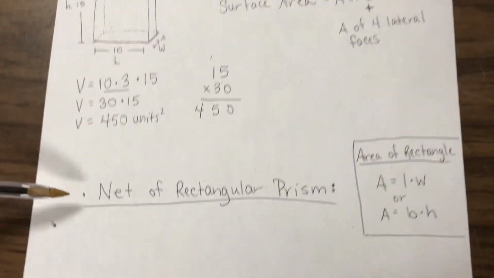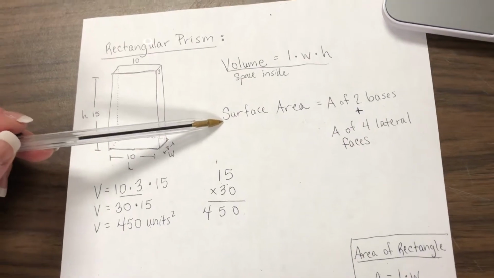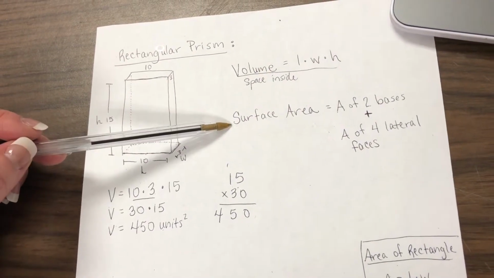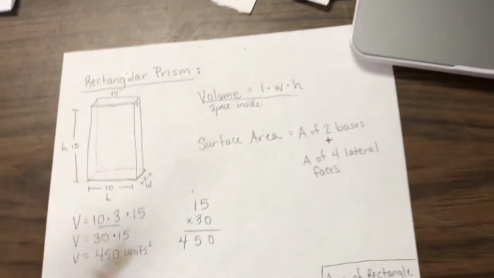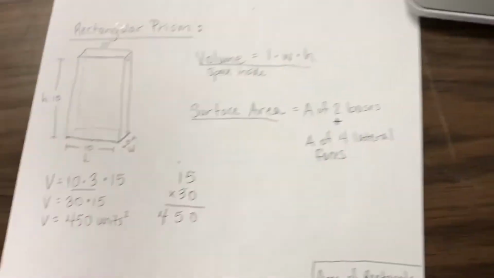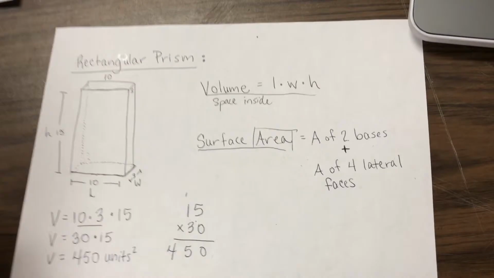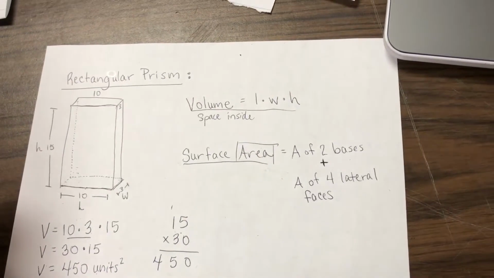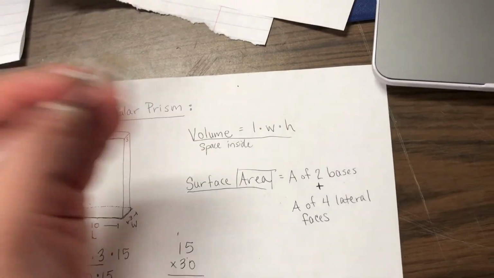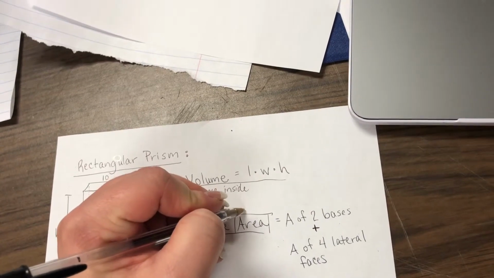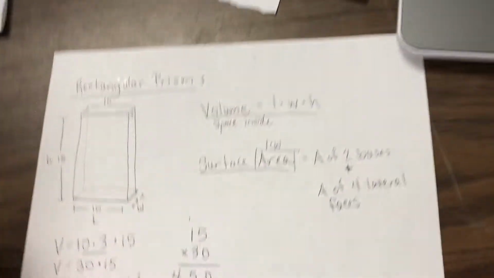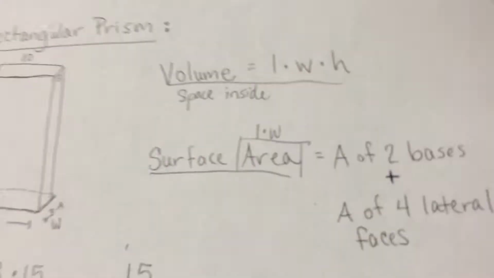Okay, now let's talk about the other topic that you have to know about rectangular prisms, which is surface area. Now, the surface area is completely different than volume. Area specifically is not really talking about 3 dimensions. Area is talking about 2 dimensions. So we're really just talking about length and width when we talk about area.